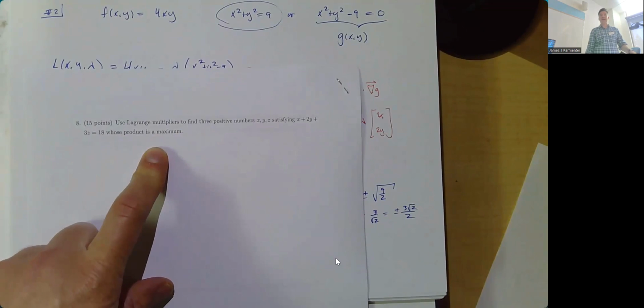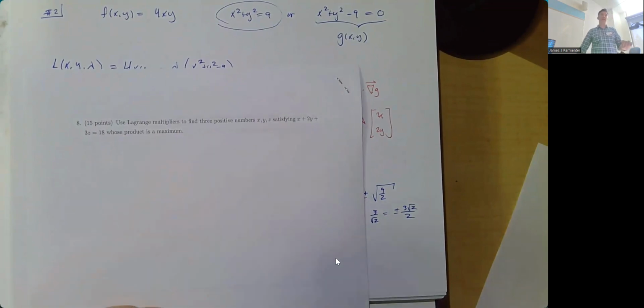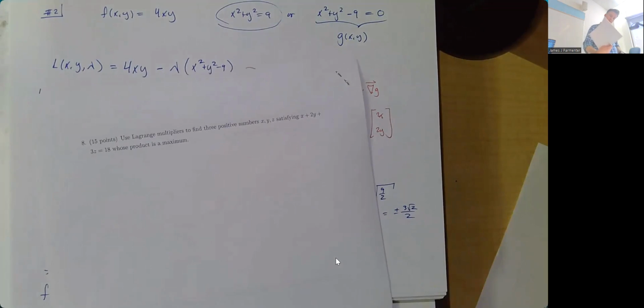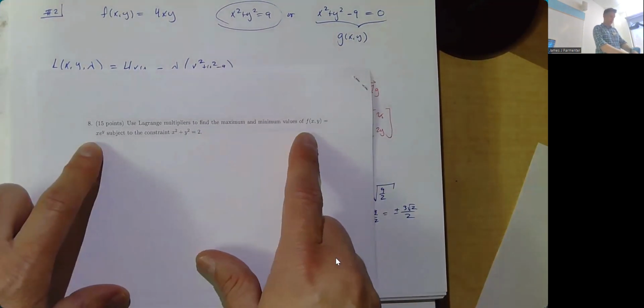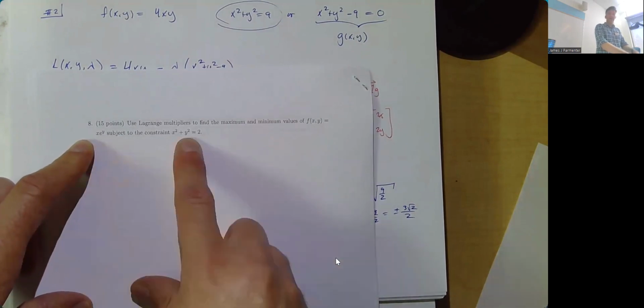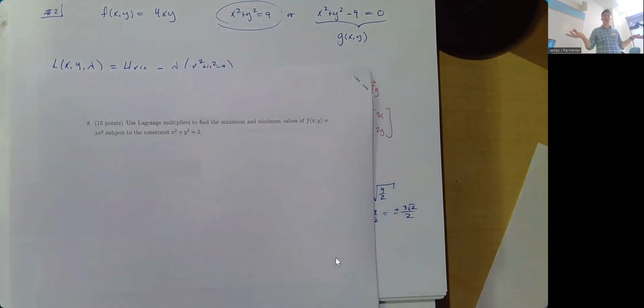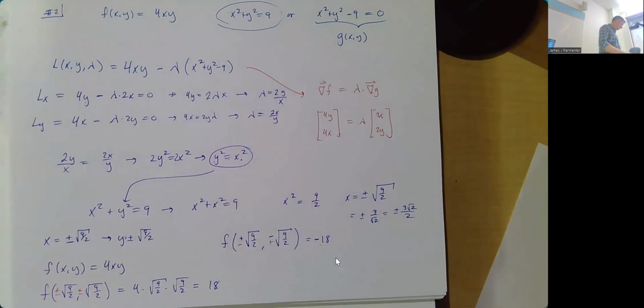So we're trying to maximize x times y times z, and our constraint is given to us right there. That seems like you're being relatively straightforwardly given the 2 functions. Same thing for practice exam 1-1. You're trying to find the maximum and minimum values of this function subject to that constraint. They're just saying what f and g are without making you work for it at all. But looking at the practice exam and the actual exam she gave over here, that might not be what you're actually going to see.